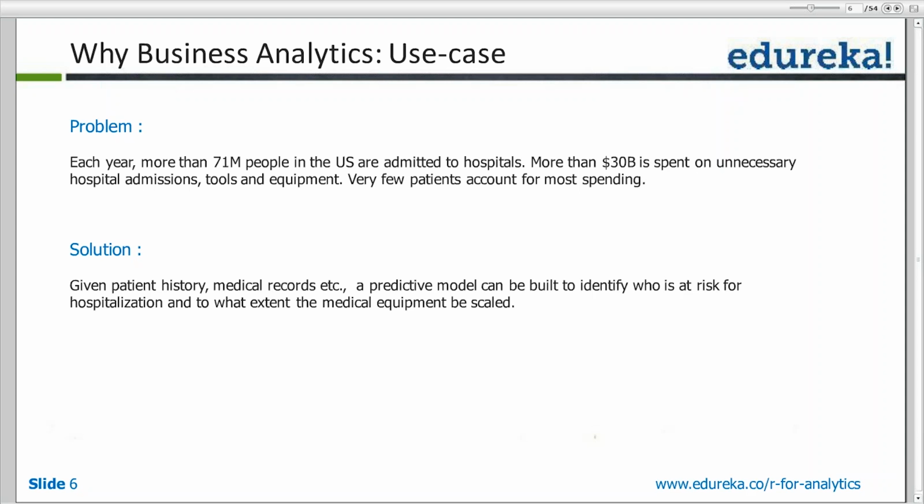So if there are such interventions that could be implemented, it could result in a savings of almost 30 billion US dollars a year to the US government.